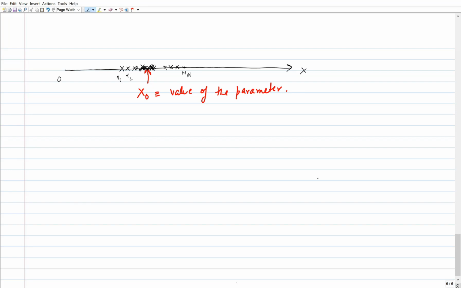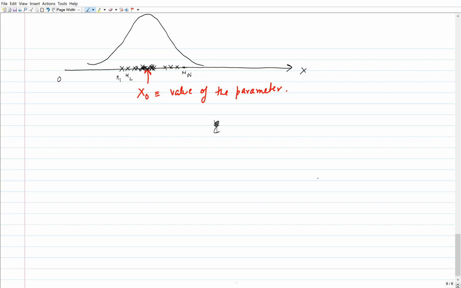For the sake of simplicity, let's say roughly it turns out to be a Gaussian, so my estimate is a random Gaussian variable.